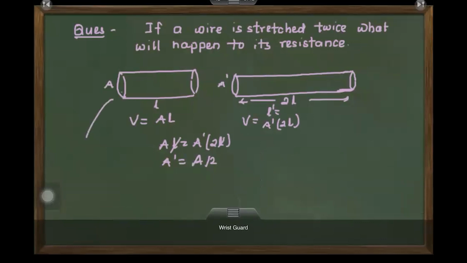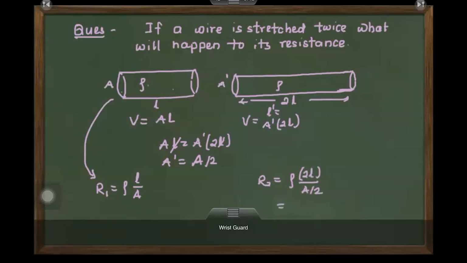Now its resistance we write as R1 is equal to rho L upon A. Rho is the resistivity of the material. Since the material is same, I extended the same wire, that's why rho will be same. Now I'm coming to this section. R2 is equal to rho, which will be same. Now the length becomes 2L and the area becomes A by 2.